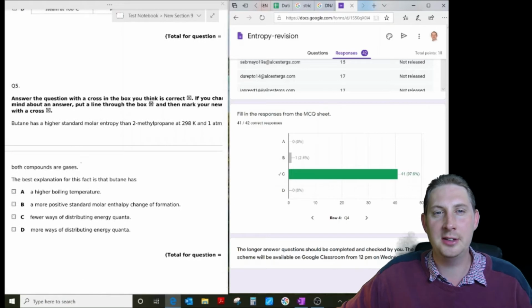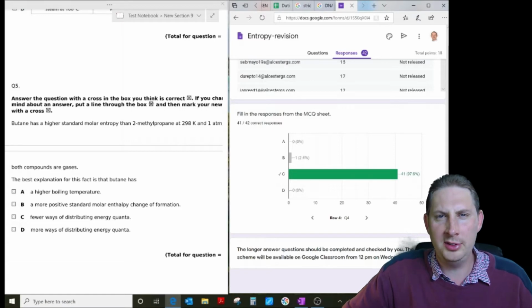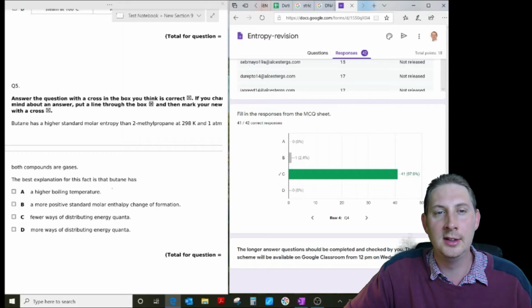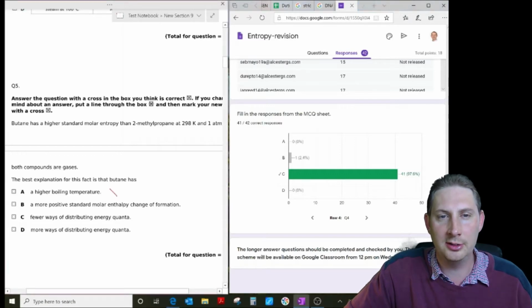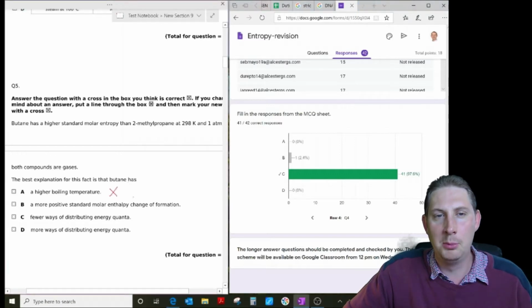Butane has a higher standard molar entropy than 2-methylpropane at 298 K in 1 atmosphere. Both compounds are gases. The best explanation is, well, if butane had a higher boiling temperature, it is more likely to be a liquid, and therefore it would have a lower entropy, so it's not that one. A more positive standard molar enthalpy change of formation. Well, entropy is not really anything to do with enthalpy.